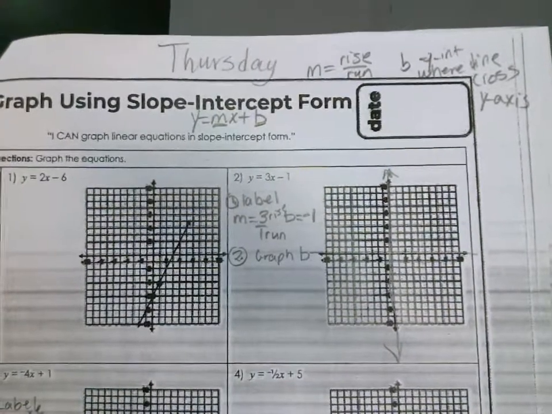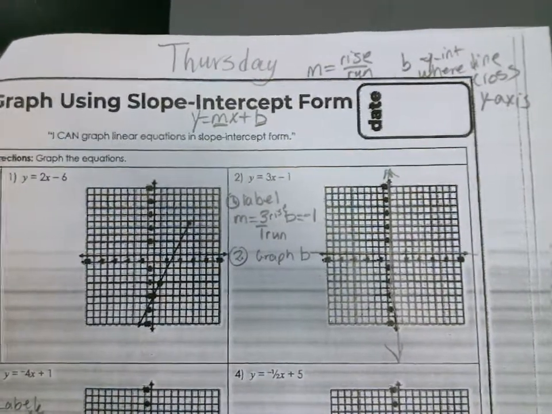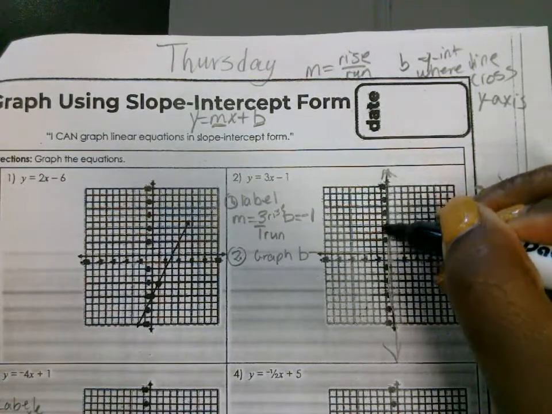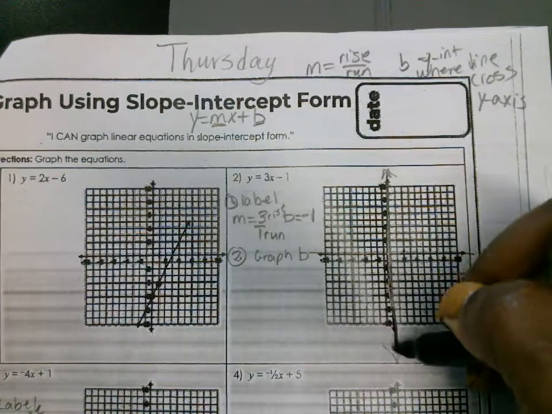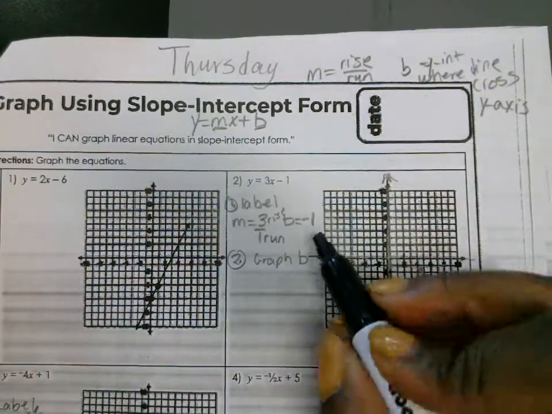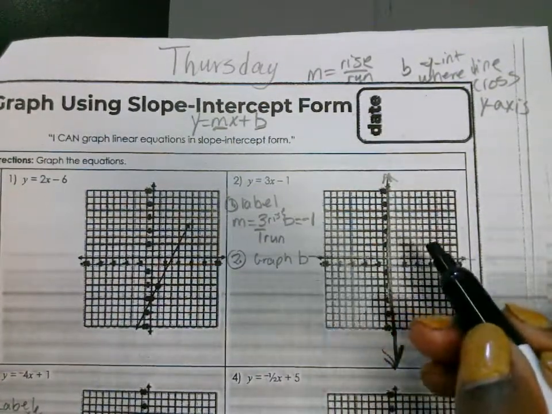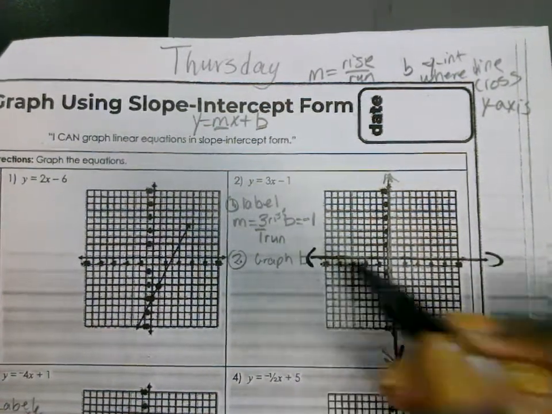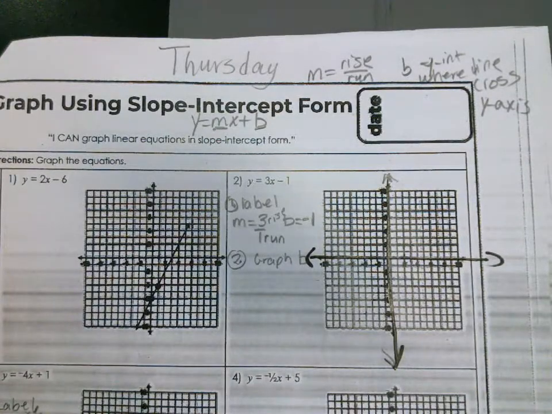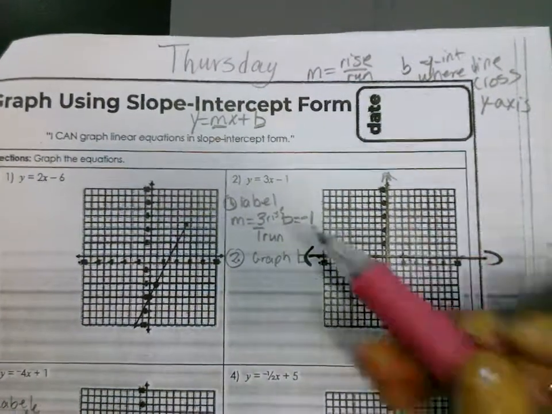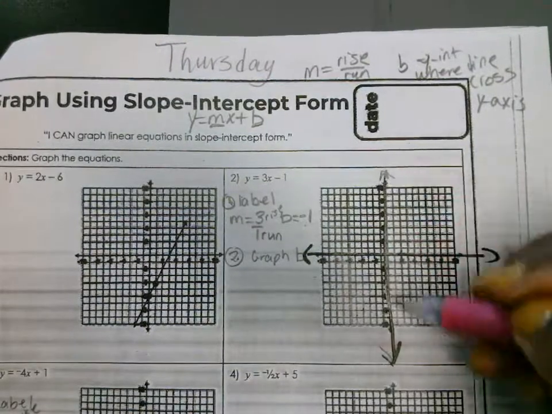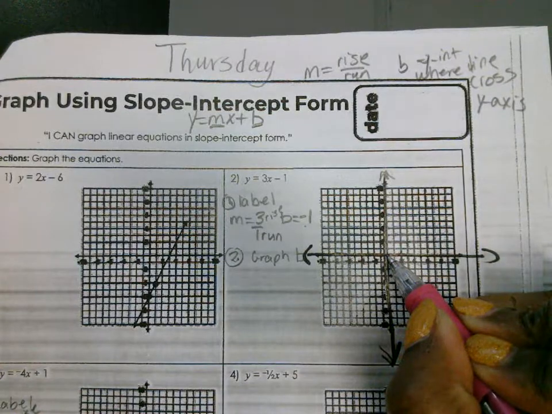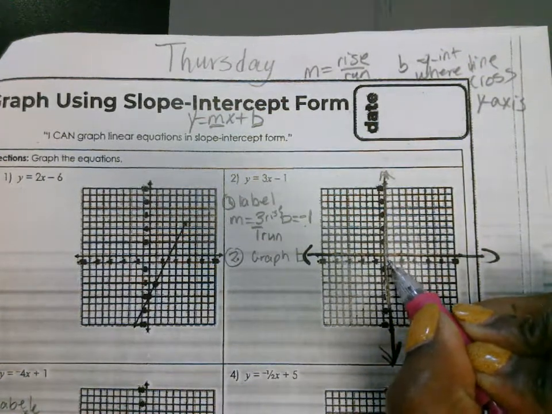Let me see if I can find my marker. All right, so we're going to find negative 1 on the y-axis. The y-axis is this. This is the origin here. Go down 1. This is where you start.